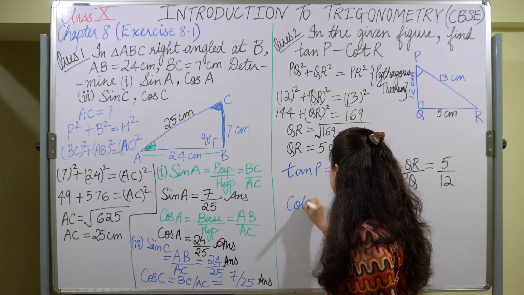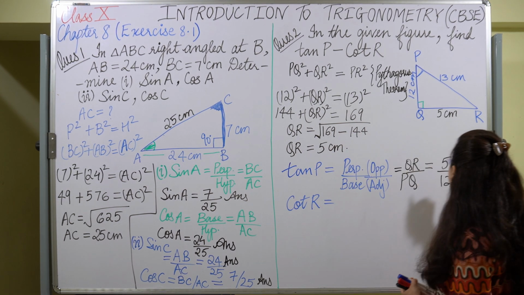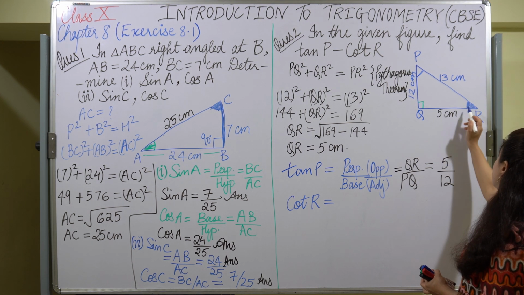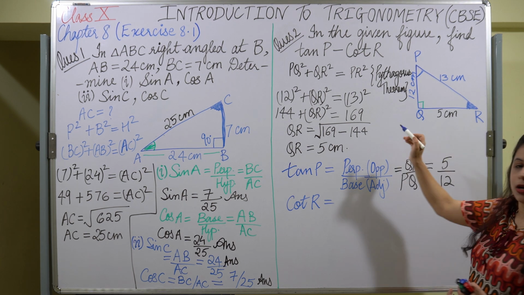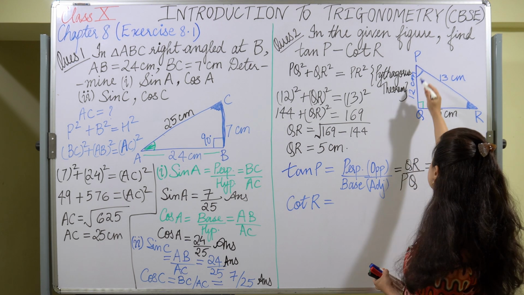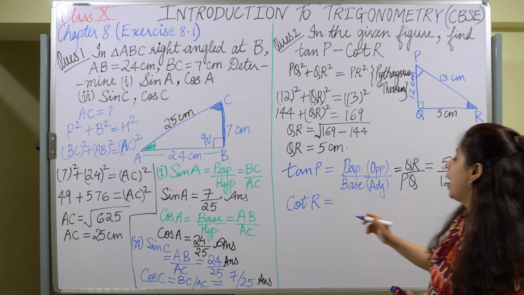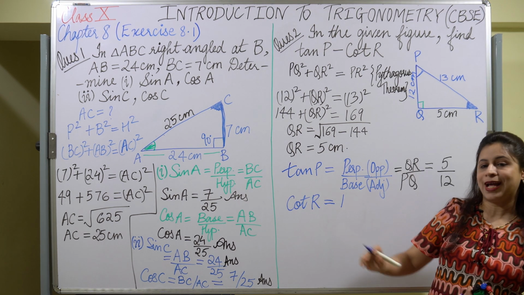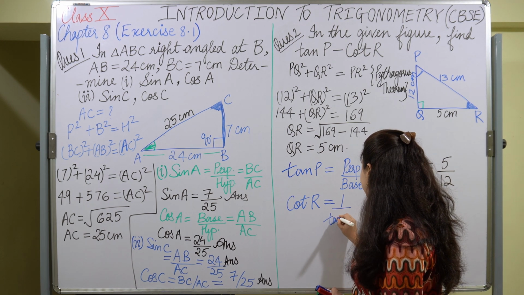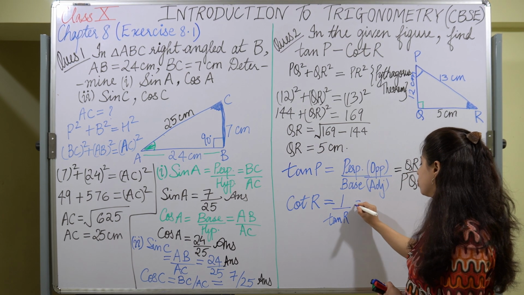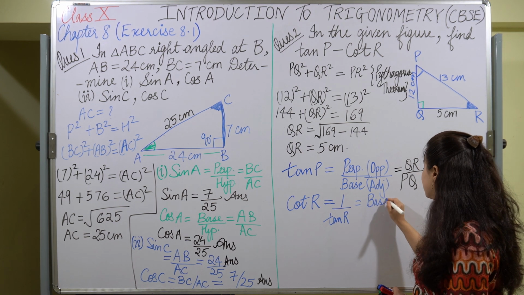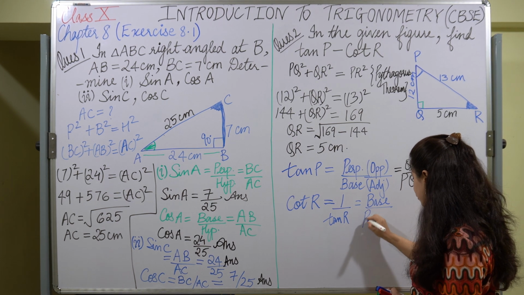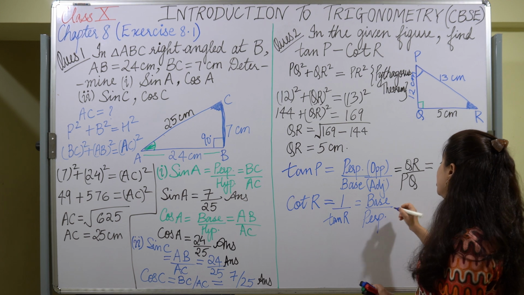Now let us find out the value of cot R. Now we need to take this angle, cot R. For angle R, the base becomes QR and the perpendicular becomes PQ. The cot R formula is reversed because it is the reciprocal of tan. It is equal to 1 upon tan R, and it is also equal to base upon perpendicular.